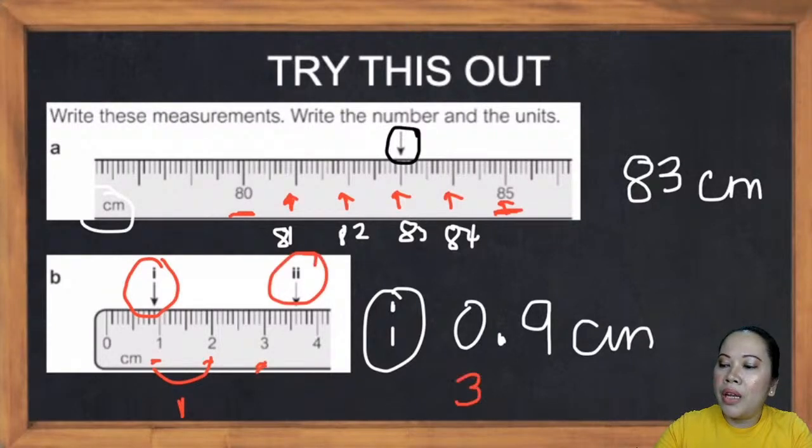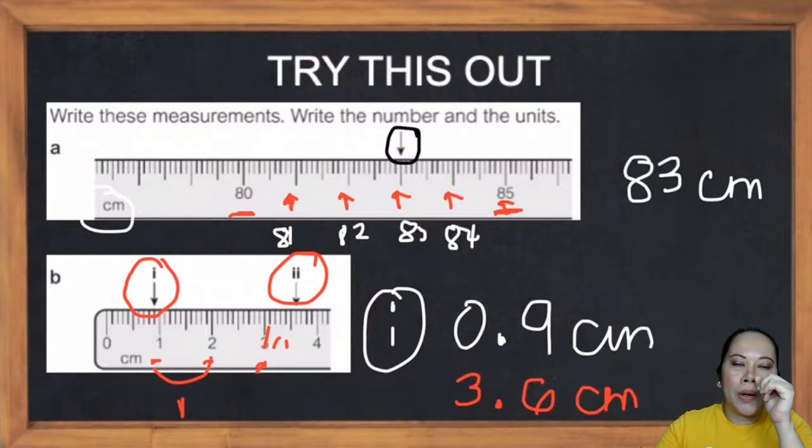So that will be 3 point, and you count how many from 3: 1, 2, 3, 4, 5, 6. So the answer will be 3.6 cm. Alright, so that is your value.